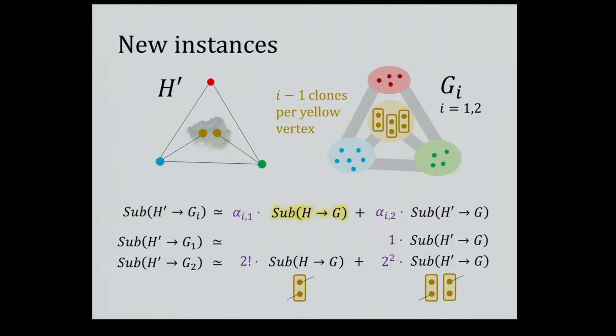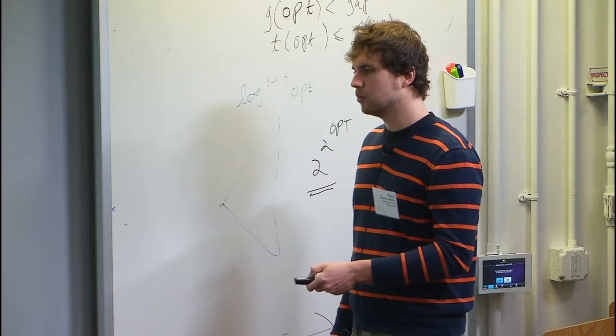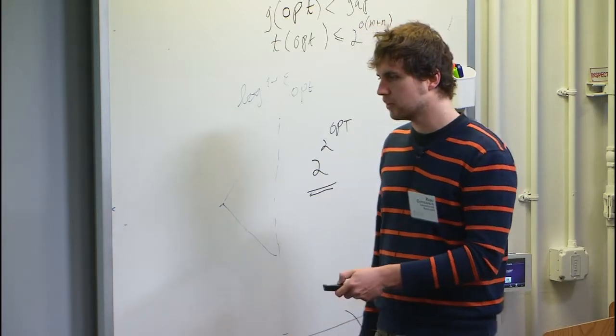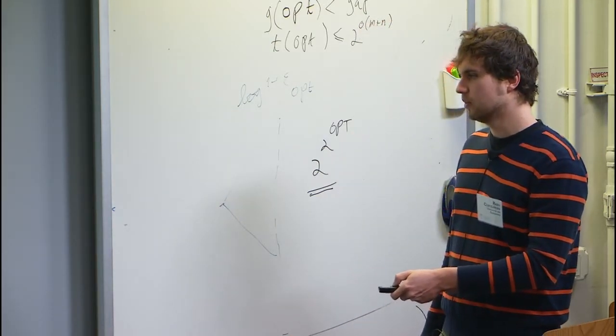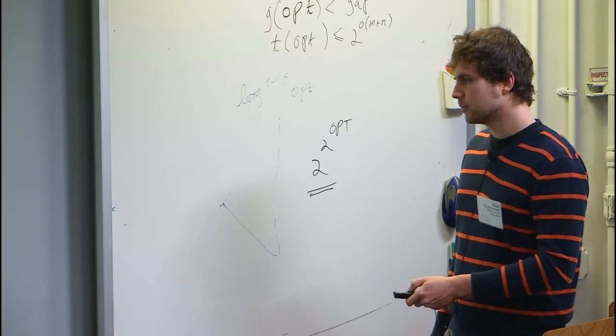The number of H prime copies in G2 corresponds to twice the number of H copies in G, because an H copy of G is one where the two vertices hit the same block, and there are two ways of doing this. You can either take this assignment or the one where these two are flipped.